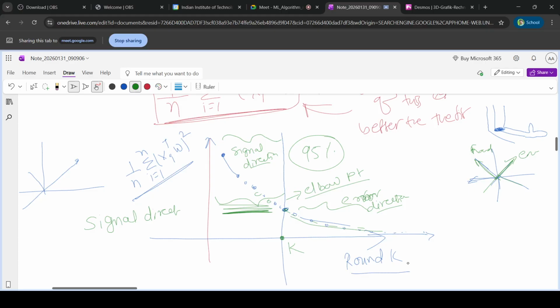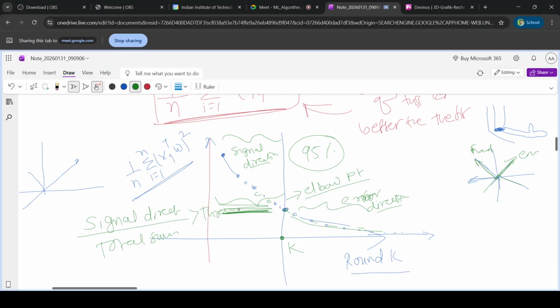You have thousands of dimensions, but you are representing in only 50 dimensions, and you are happy with that representing the complete data. So 50 is your elbow point, that is the K point, that is the actual value.